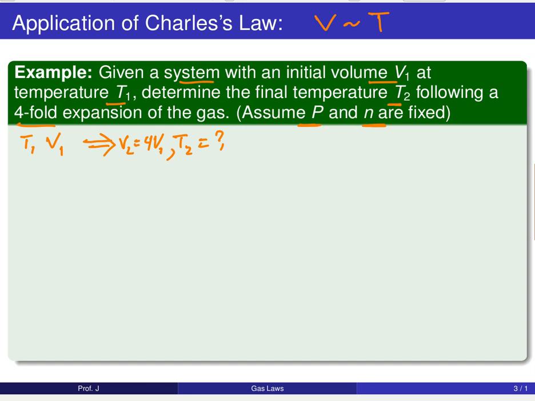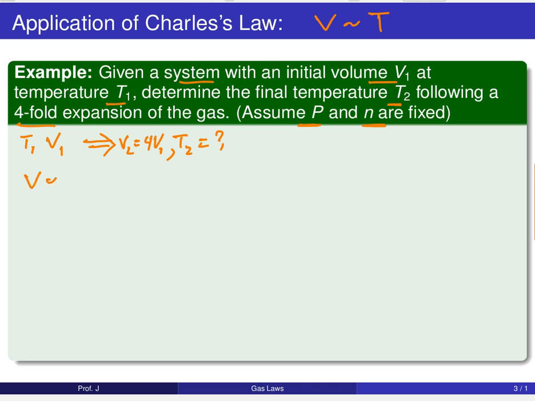Now what we're going to need is a relationship that allows us to relate these four variables, T1, V1 and T2, V2. So this relationship, of course, is going to come from Charles's law. We know from Charles's law that volume is directly proportional to temperature.